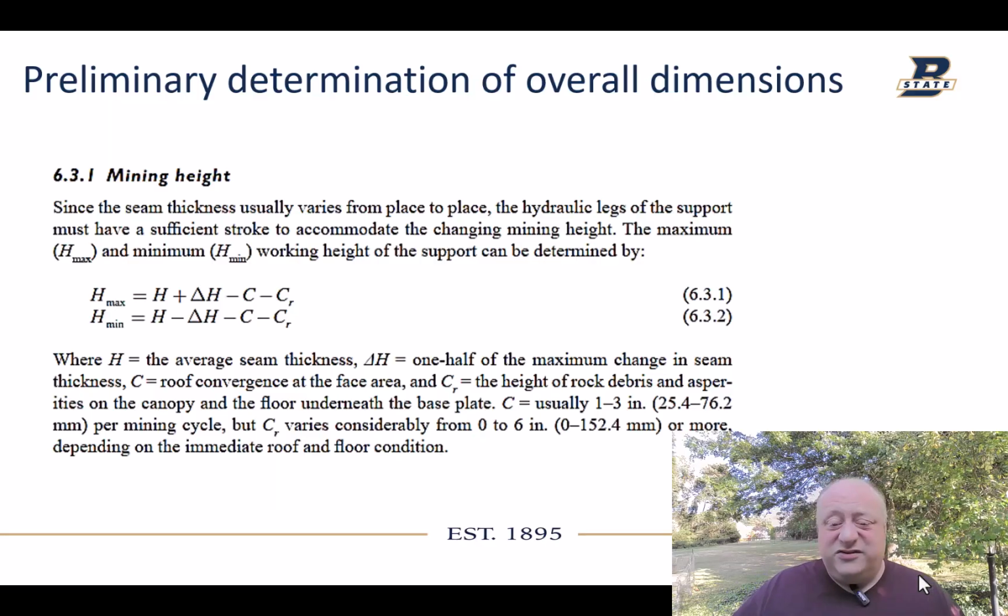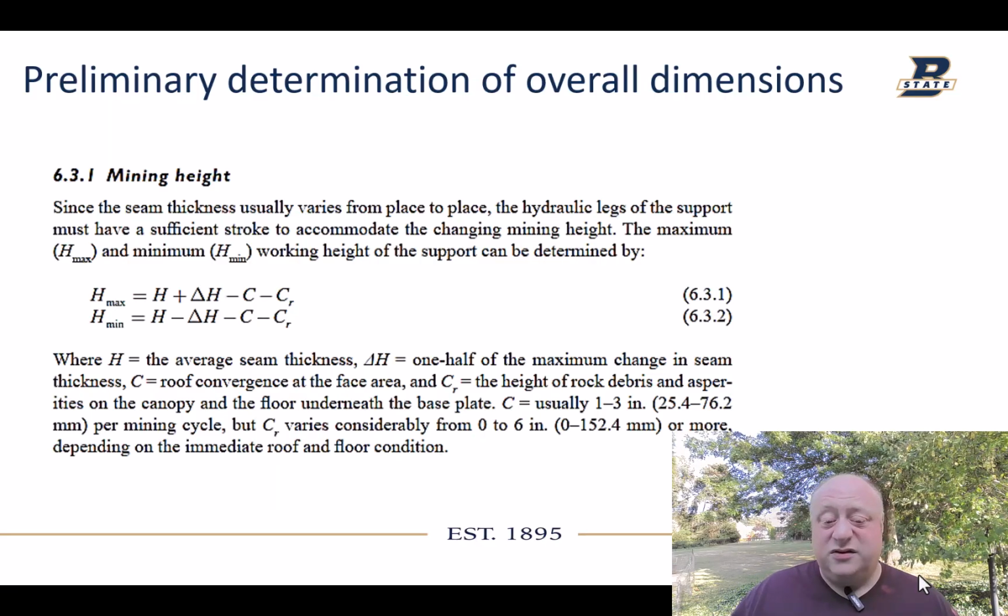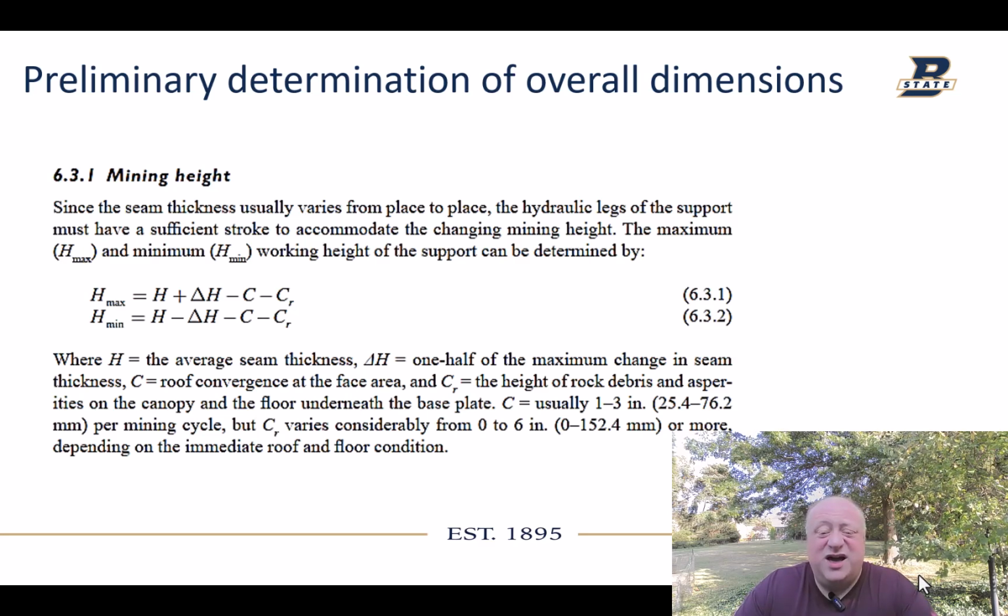In this case, you can calculate the maximum and minimum working heights of the support by using the following equations. Where H is the average seam thickness, so you have the seam thickness. Delta H is 1/2 of the maximum change in seam thickness, so the range of seam thicknesses you have.